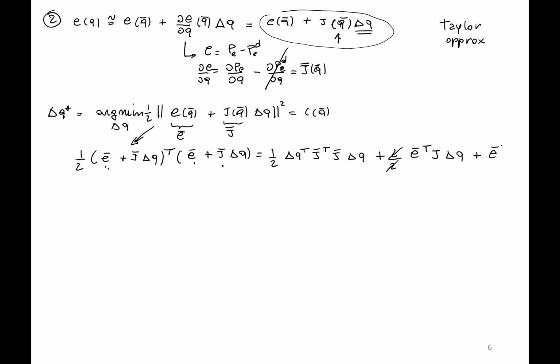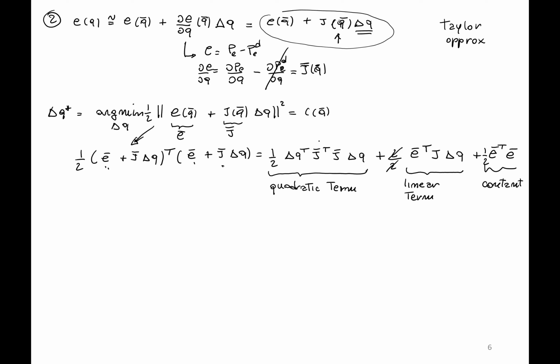So we have the constant of the error E. So if we look here, we have a quadratic term in delta Q, we have a linear term and a constant that doesn't depend on delta Q. Constant means that it's independent of delta Q. And what is missing here? 1/2. Okay.